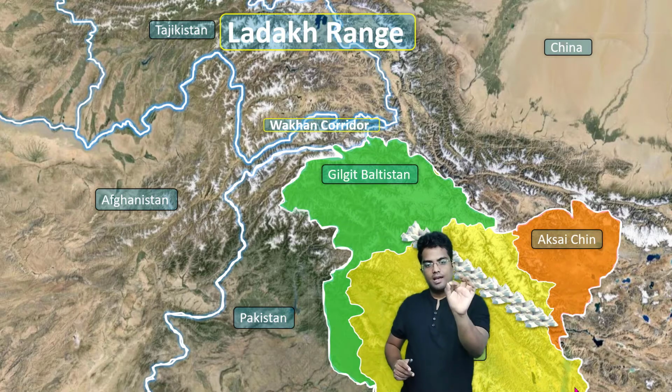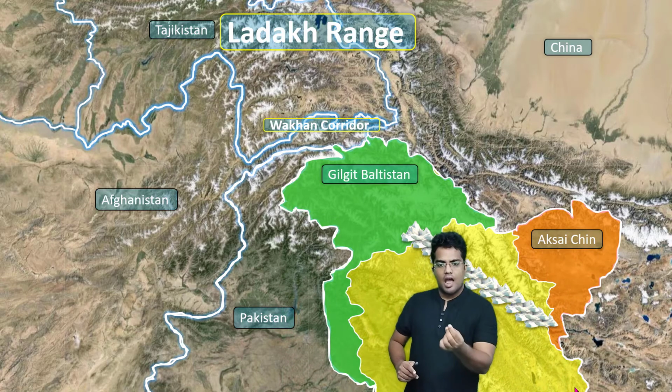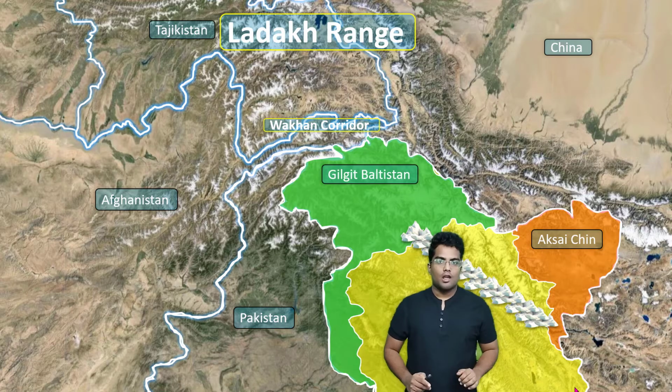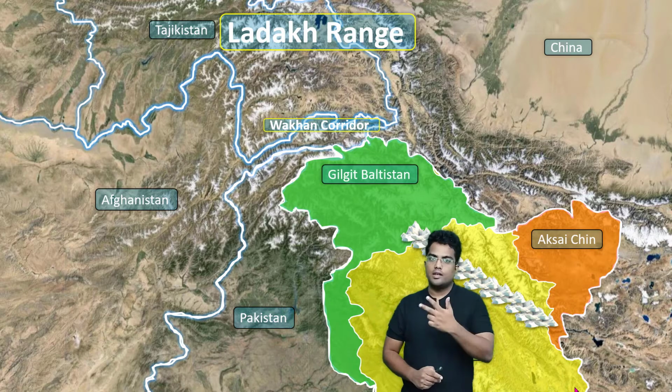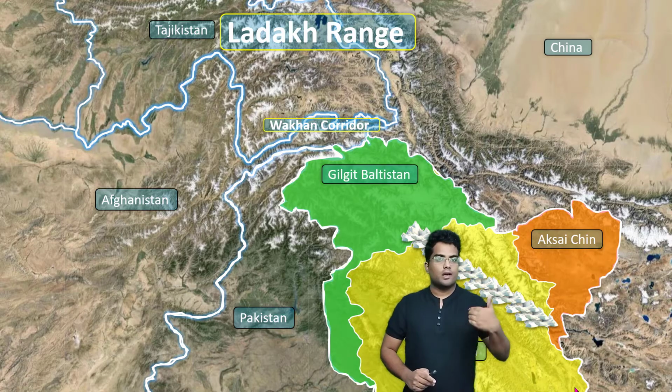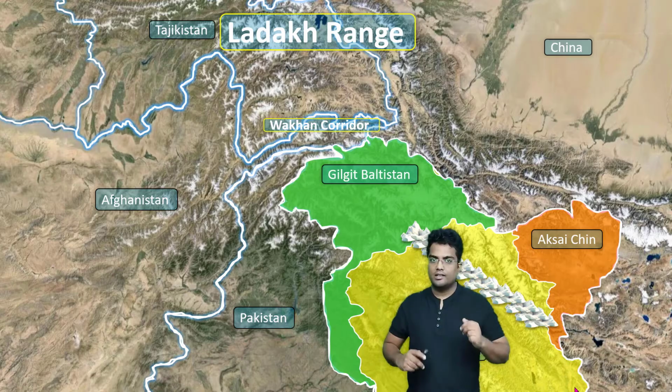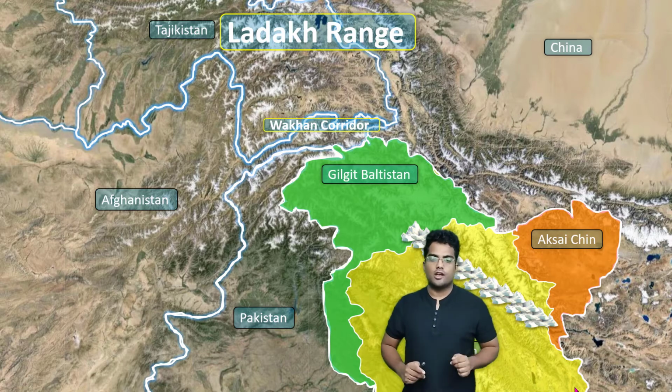As you can see, the Ladakh Range starts basically from Gilgit-Baltistan and pretty much ends in Aksai Chin, that is China. So essentially, the Ladakh Range covers 3 countries as of now: Gilgit-Baltistan in Pakistan, parts of India, and Aksai Chin in China.